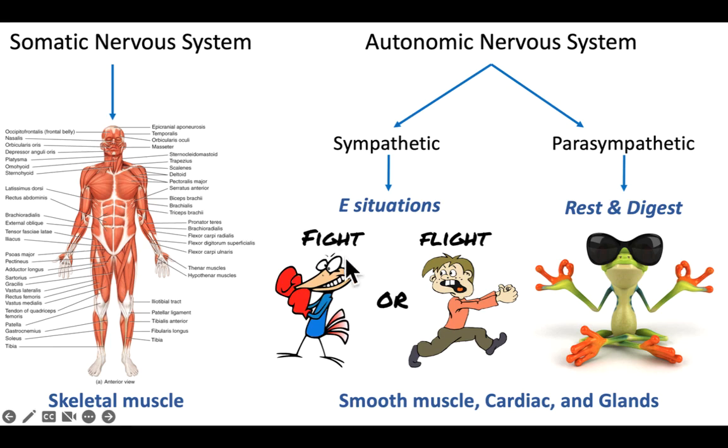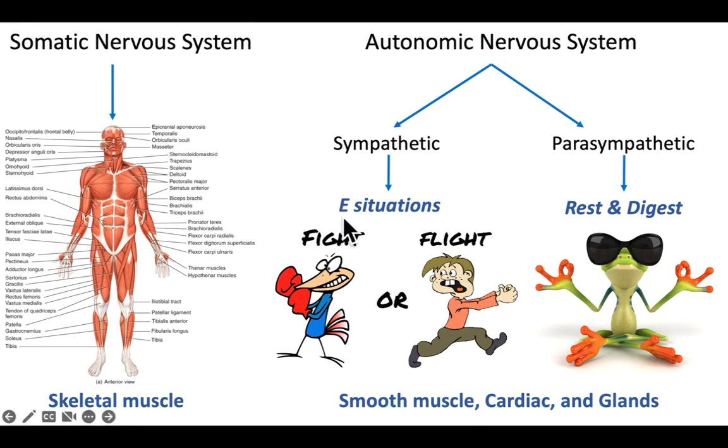So we often refer to sympathetic as fight or flight responses. So that's typically in an emergency situation, right? What are you going to need to fight that situation or get away from it? You're going to need a lot of energy. So a lot of what we understand is going to require you to just think about where energy comes from. What do we use for energy?